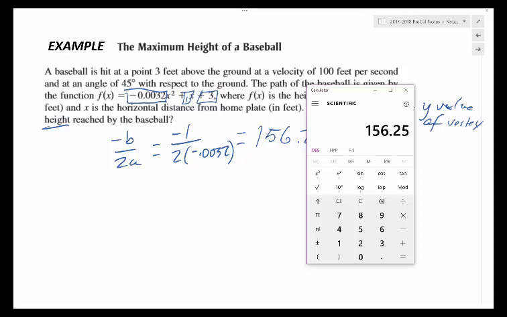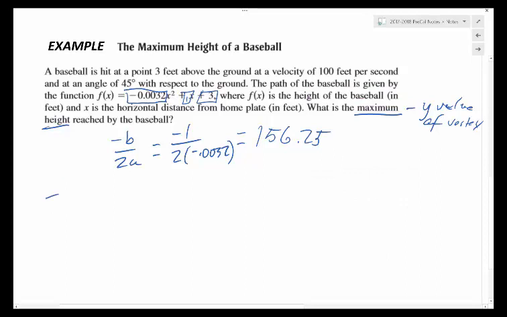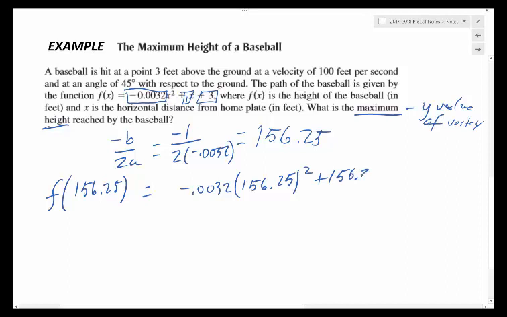So now what I'm going to have to do is plug in f of 156.25 into my equation. So I'll get negative 0.0032 times 156.25 squared plus 156.25 plus 3. Okay?